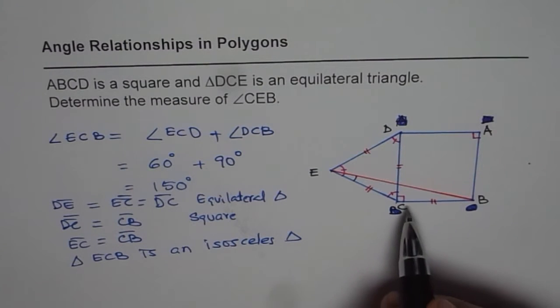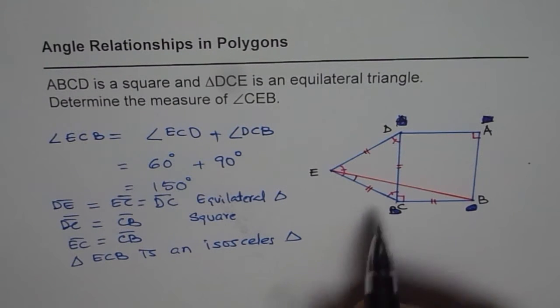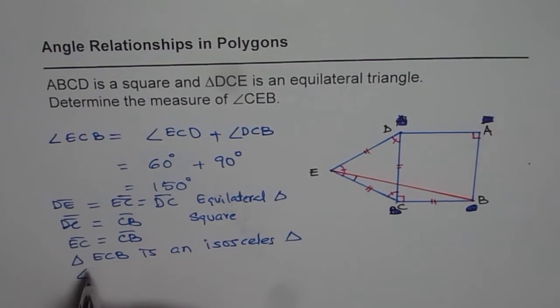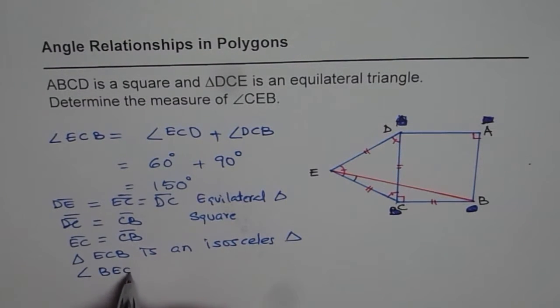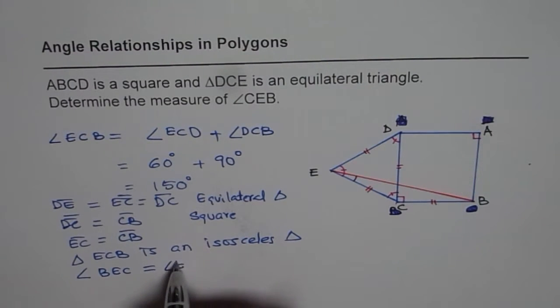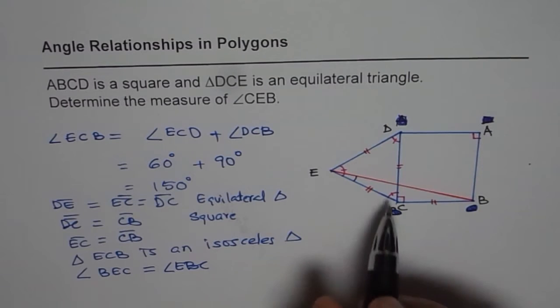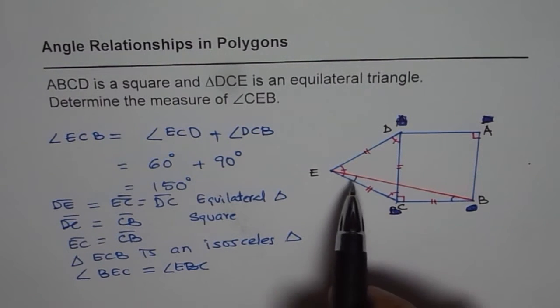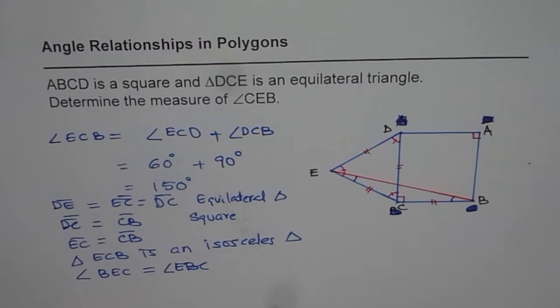Now if two sides are equal, then angle BEC is congruent to angle EBC, correct? So these two angles are equal. The sum of the three angles is 180 degrees, right? Therefore, let me write it down here.